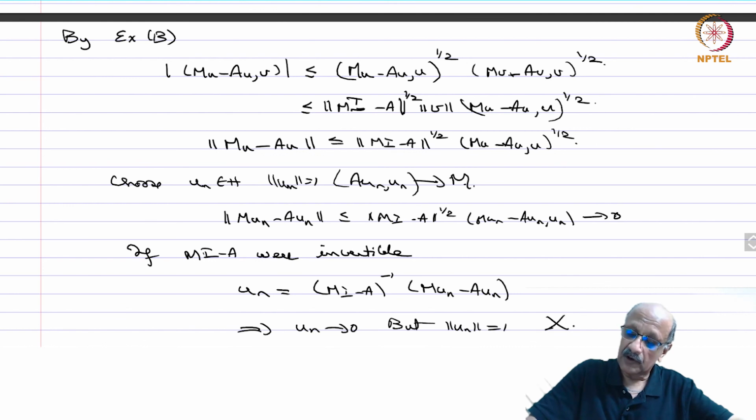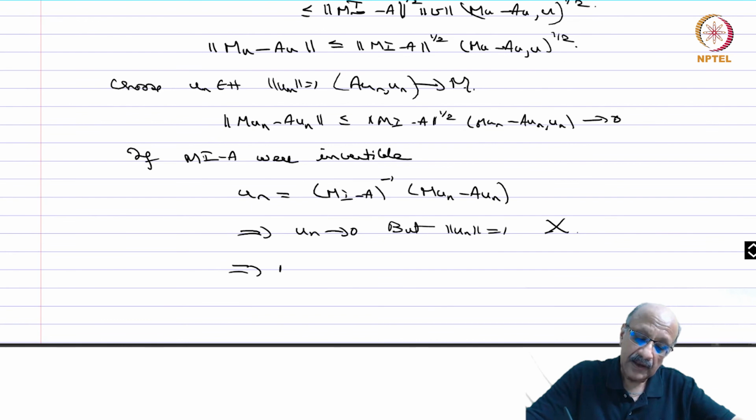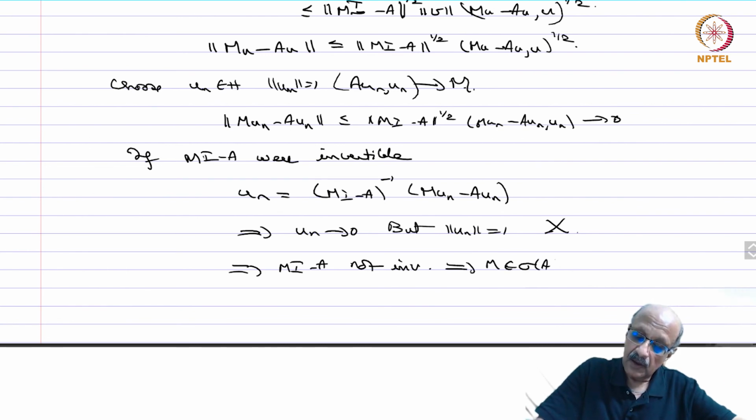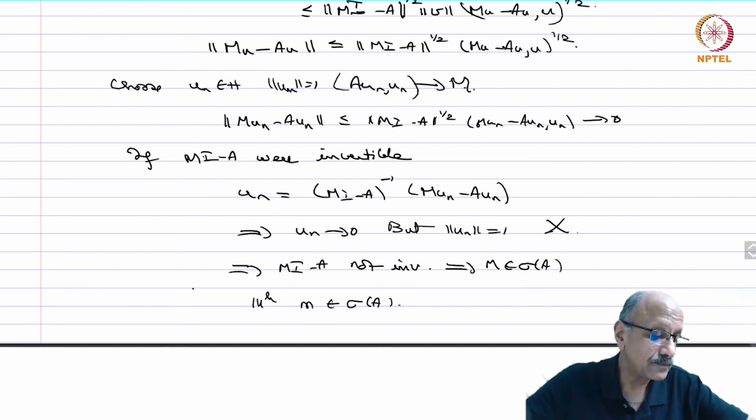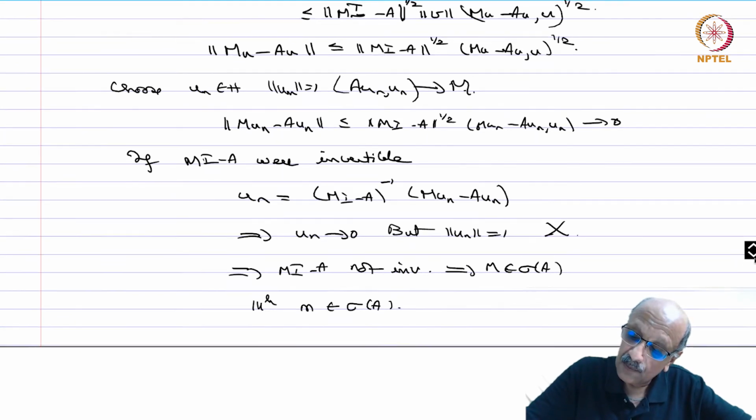So we have a contradiction, and therefore MI minus A is not invertible, which implies capital M belongs to sigma(A). Similarly you can show small m also belongs to sigma(A). So that proves this thing.